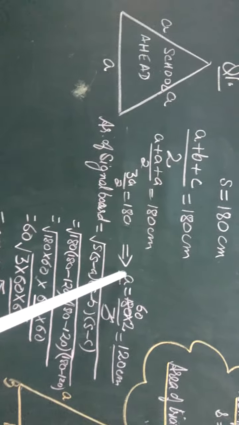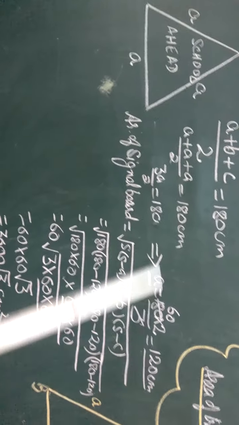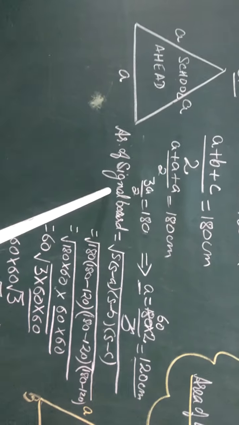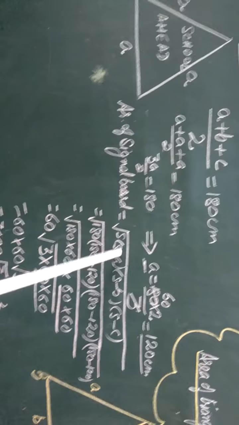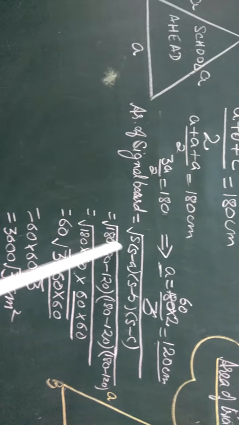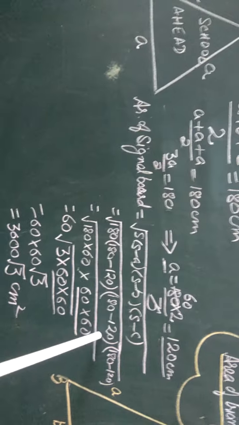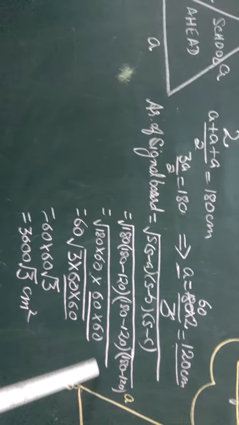By solving this, we get the length of each side as 120 centimeter. Then, as the signal board is in the form of a triangle, we use Heron's formula. We substitute the value of s, then s minus a multiplied by s minus b multiplied by s minus c.